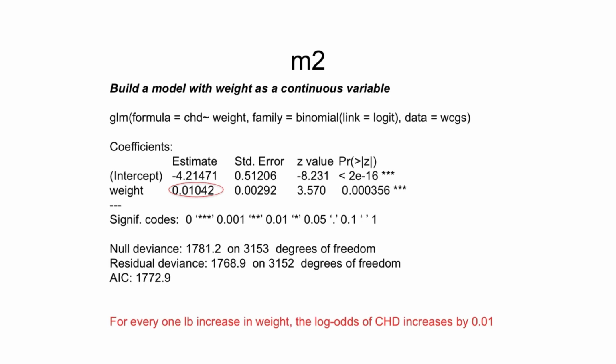This tells us that for every 1 pound increase in weight, the log odds of CHD increases by 0.01. Notice that the value of the coefficient refers to the increase or decrease in log odds for each 1 unit increase in body weight.